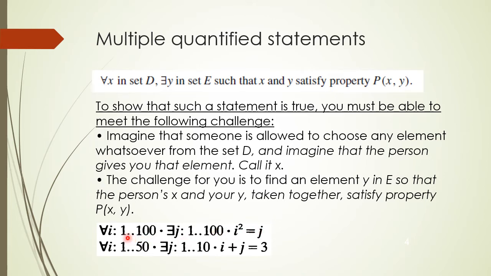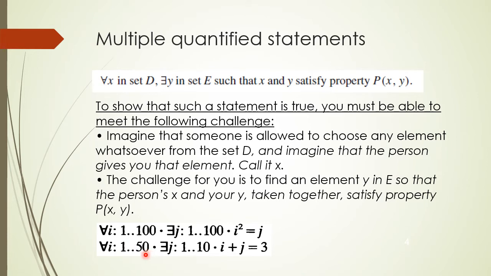Then comes 11, 11 squared is 121, but you cannot find 121 here. Therefore you cannot find the square of each and every element of the first domain in the second domain, so the first multiple quantified statement is false.